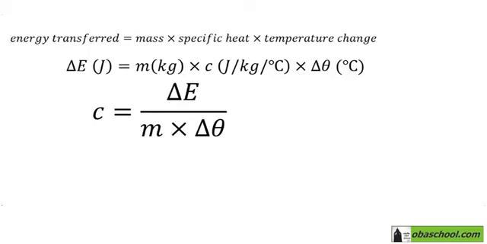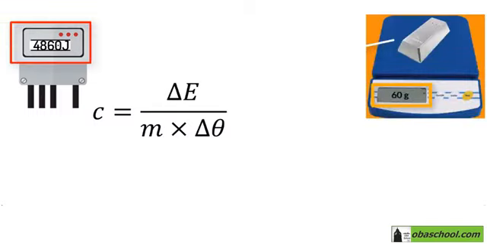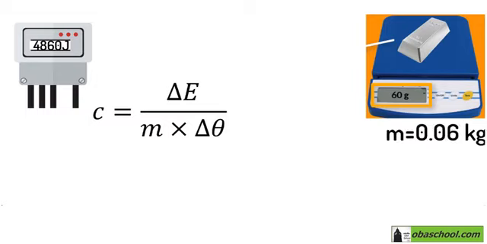Let's substitute the values. Delta E is the energy transferred, measured by the energy meter, which is equal to 4,860 joules. The mass of the aluminum block is 60 grams, and we should convert the unit from grams to kilograms by dividing by 1000, so the mass is equal to 0.06 kilograms.